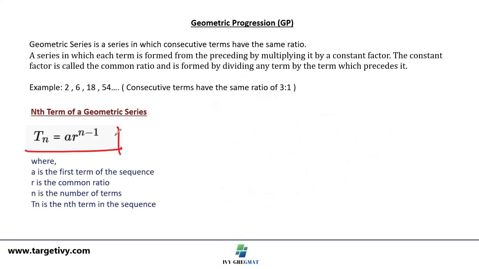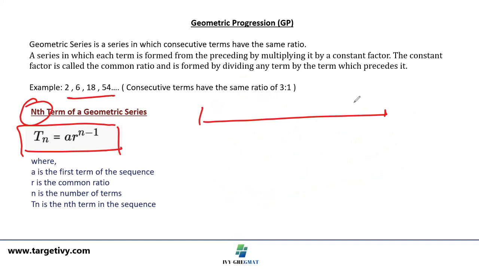Tn is equal to a into, so the nth term in the series. So if there is a series, the nth term, say the fifth term, or say the 50th term, is Tn is equal to a into r to the power n minus 1. Let's take this series.